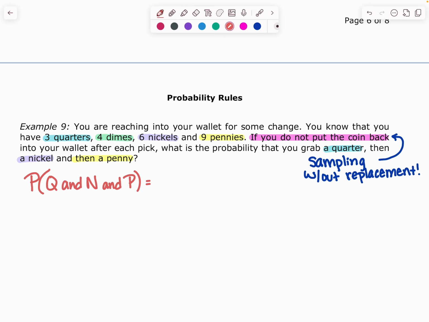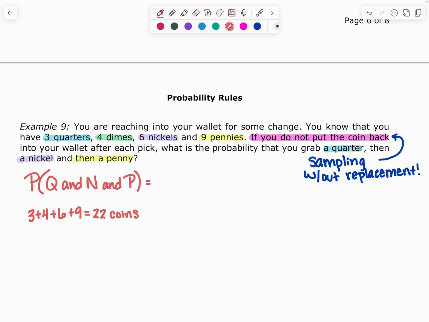So first, I need to figure out how many coins I have in my wallet total. 3 plus 4 plus 6 plus 9 is 22 coins. There are 22 coins in my wallet.